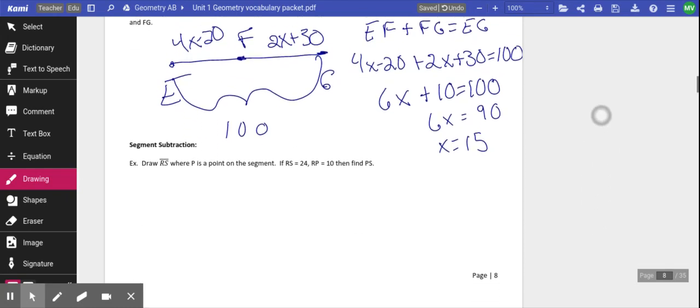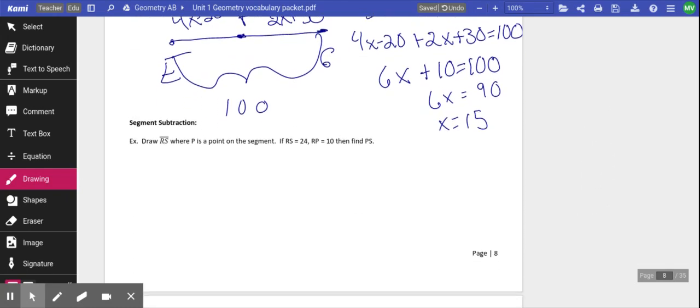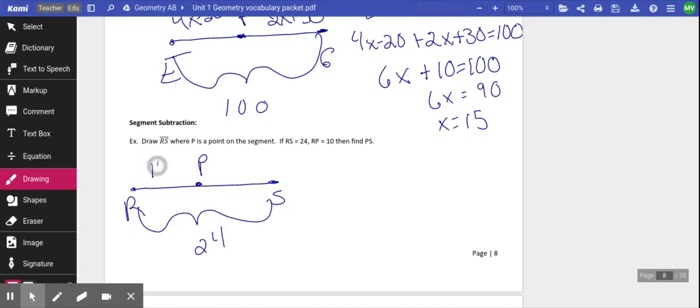So then there's this idea of segment subtraction. It's exactly the same thing as segment addition, except it means subtraction. So if I have RS, which is the whole segment, and P is a point on the segment, RS is 24, RP is 10.